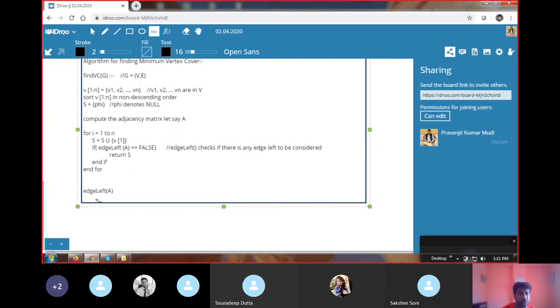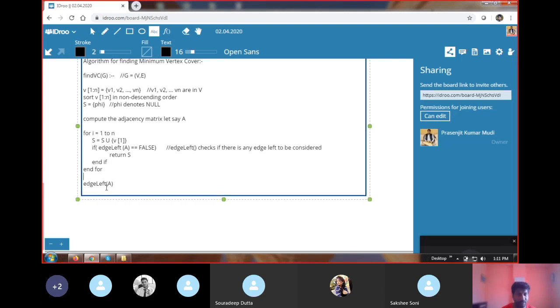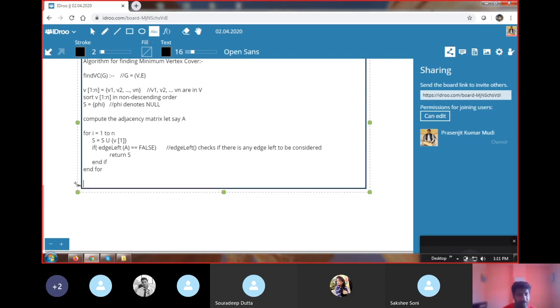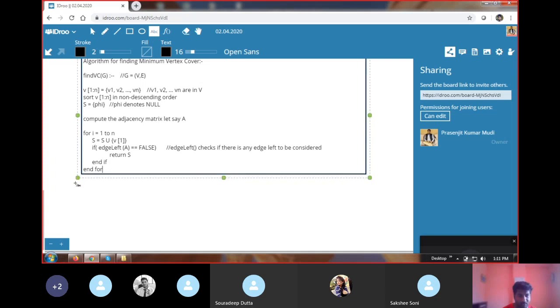You pass that adjacency matrix into the function edge left, which will check that. We can't say at this moment what the logic of this function is, but we are interested in this.